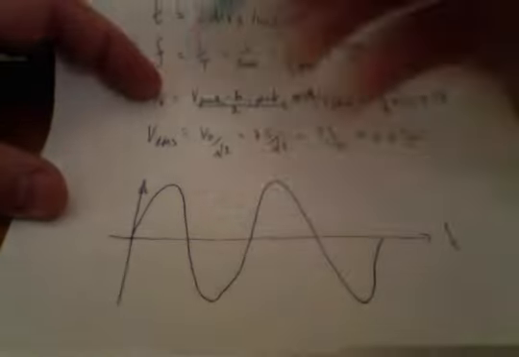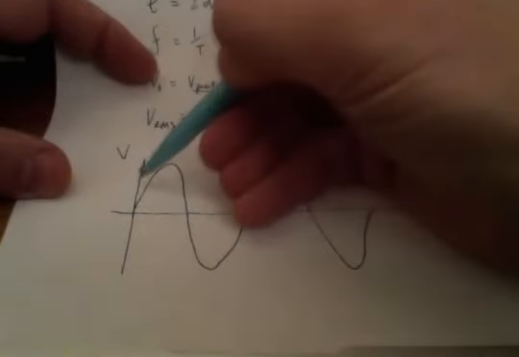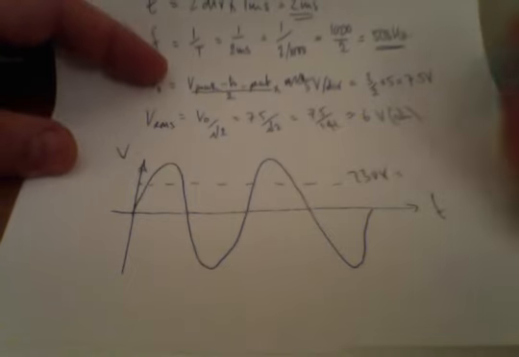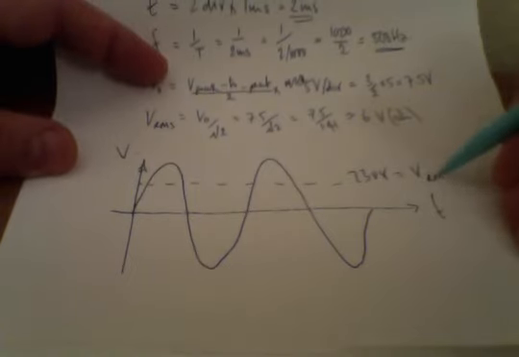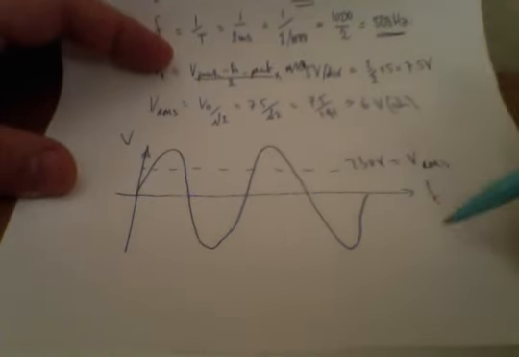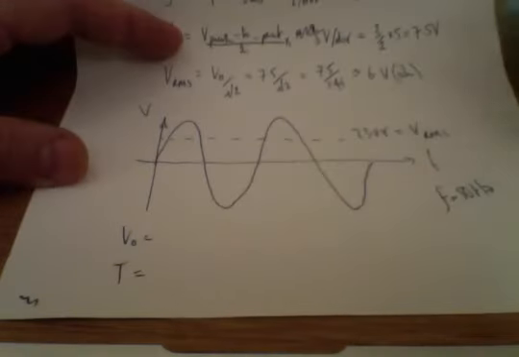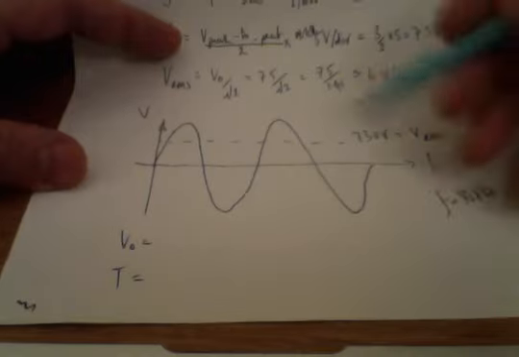So here's our time, here is V. I know that my equivalent is 230 volts, or my VRMS, should I say. And I know that I'm running at 50 Hertz, so what's my peak value? What is V0? And also, what is the time period? If you think you know, hit pause. Otherwise, here comes the solution.